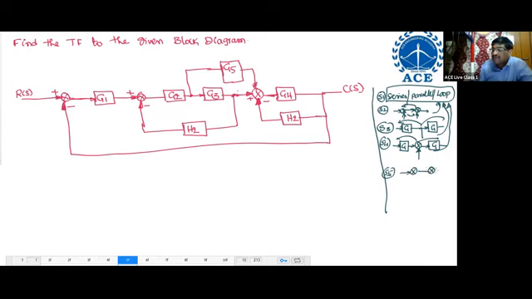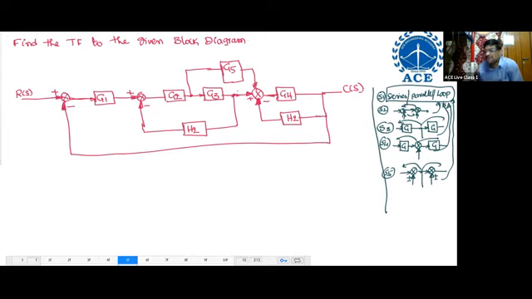Never interchange summing and take-off points unless it is compulsory, because if you interchange them, an additional summing point is created. That's why it is the last priority.